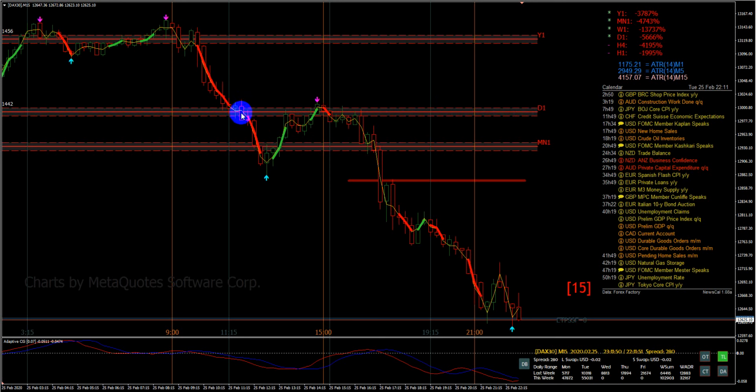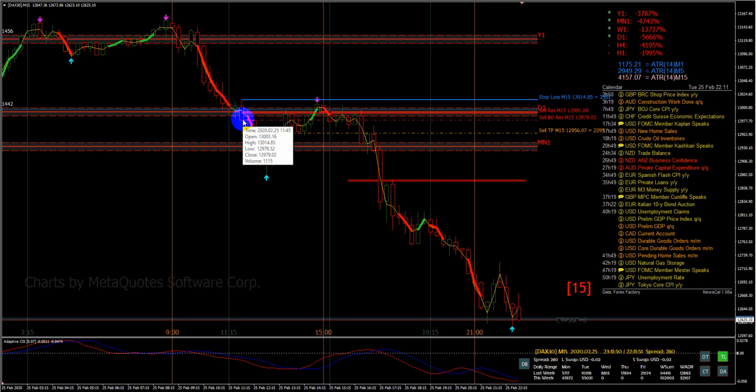Now the following candle shows us a good situation because it is a breakdown candle. It's a breakdown candle of an engulfing type. So this gives us a clue that the market wants to go down rather than go up, right?